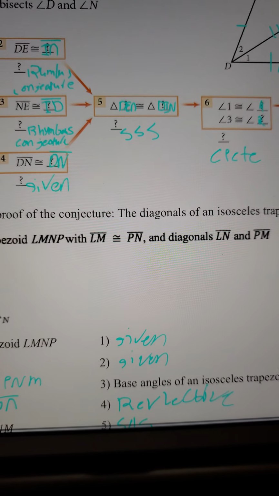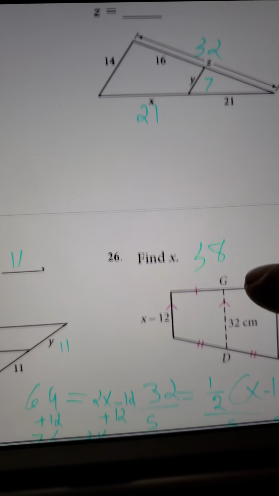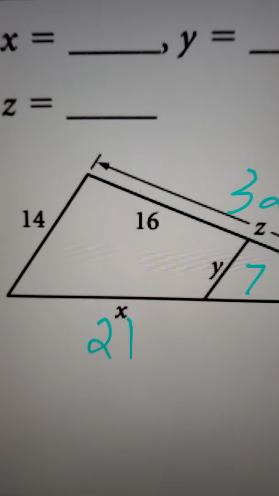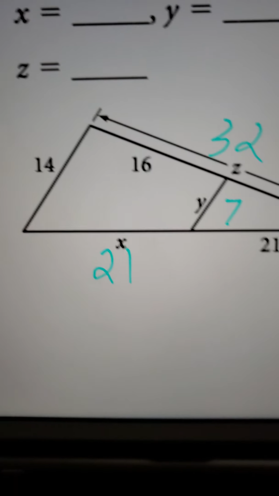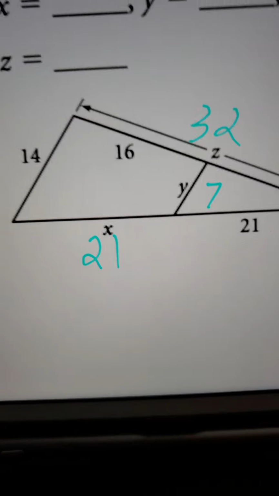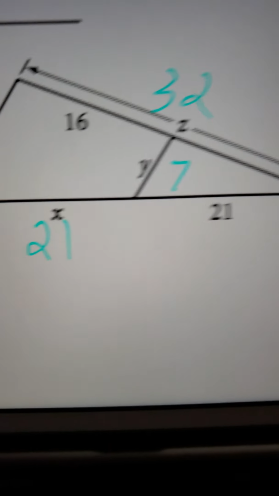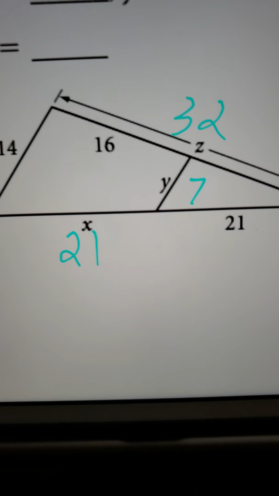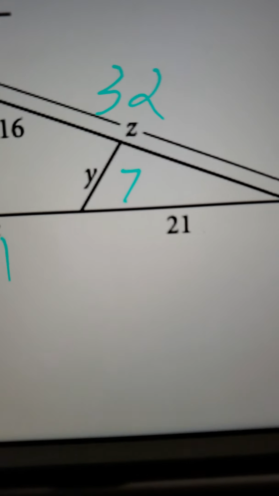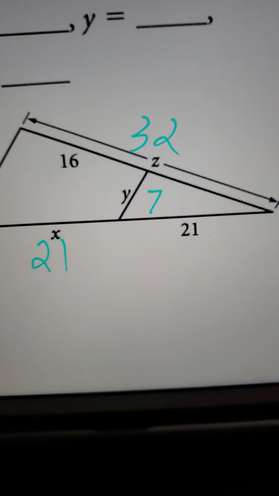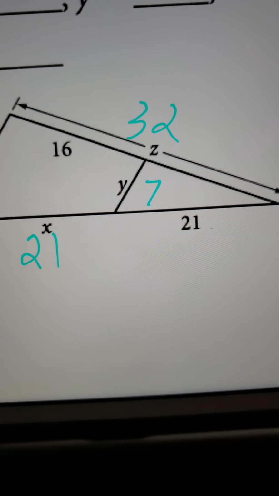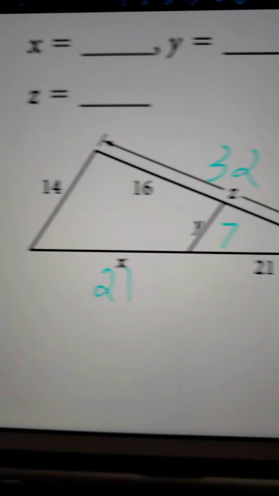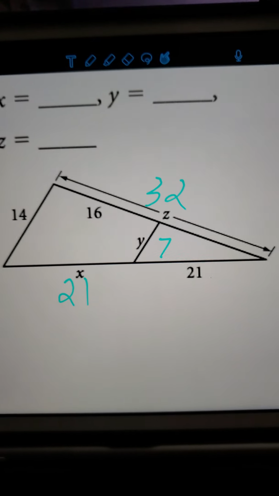Another problem would be this one right here. It might look complicated, but it's actually easy. Well, we want to know what Z and X and Y are. Well, we know that each side and the angle of it is basically the midpoint of it, and that's true for all scenarios that are problems like this.